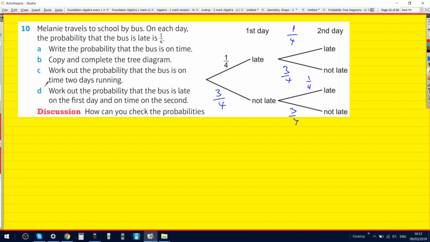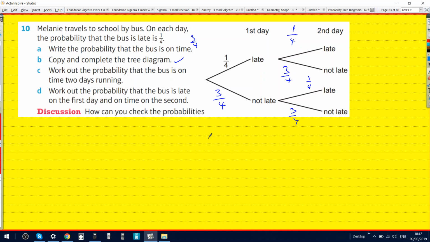What is part A? Work out the probability that the bus is on time. 3/4. Yeah. B, we did B. C. Work out the probability that the bus is on time 2 days running.